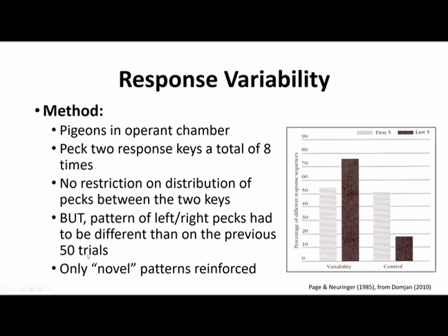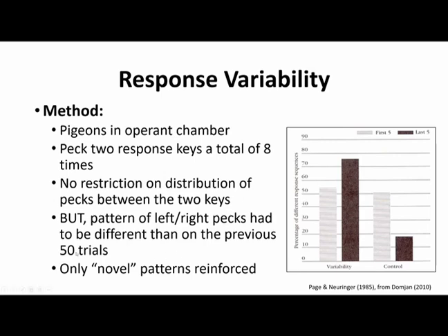So basically, if on trial 1 they pecked the horizontal striped key 8 times, they would get food. But if on trial 2 they did it again, they wouldn't get food because that combination had already happened. If they then switched and pecked only black every time for 8 pecks, then they would get food again, but if they repeated it, they wouldn't get food.